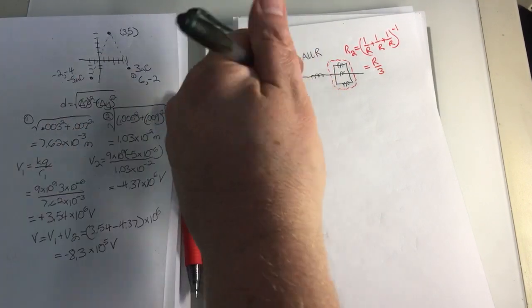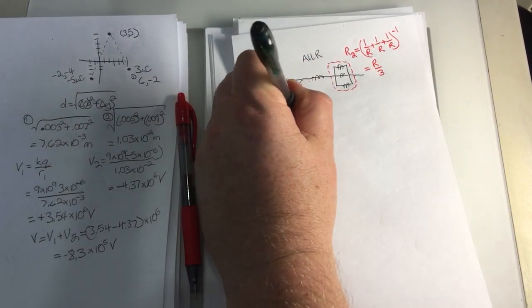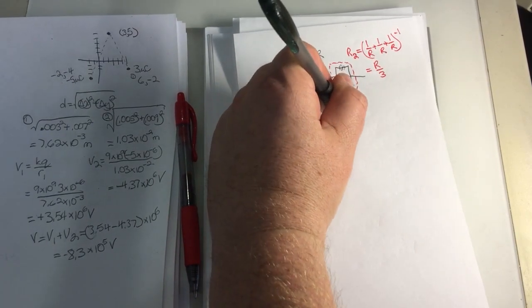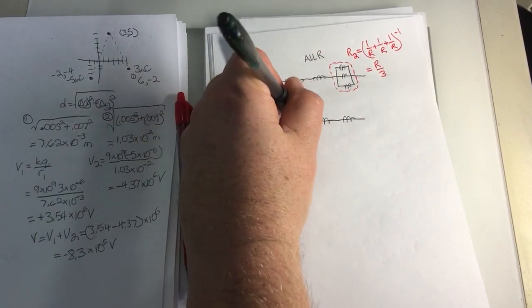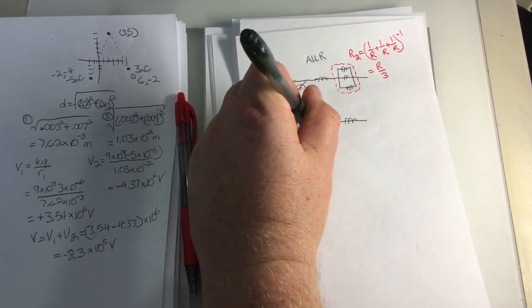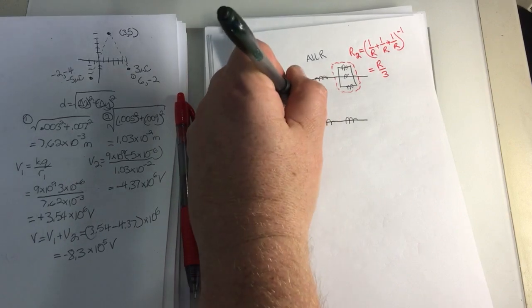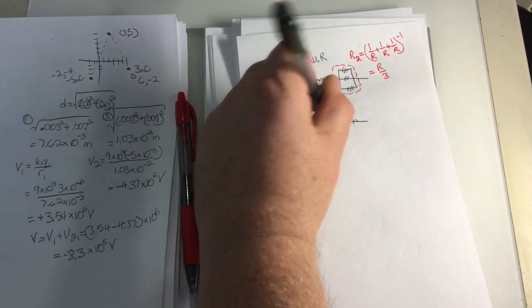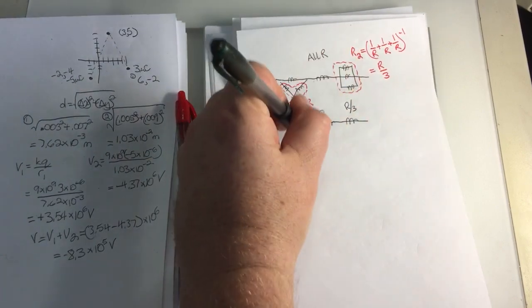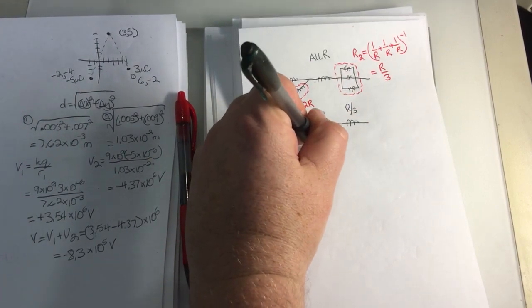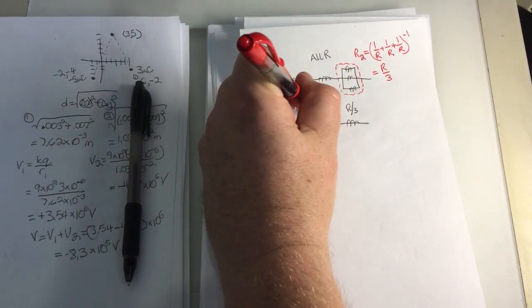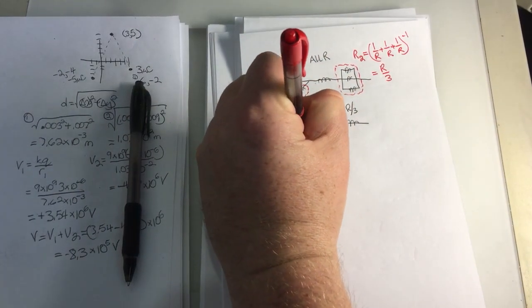So now I have this. I've got an R, I've got an R, I've got an R over 3, and I've got a 2R. The one that I can immediately squoosh is this one.